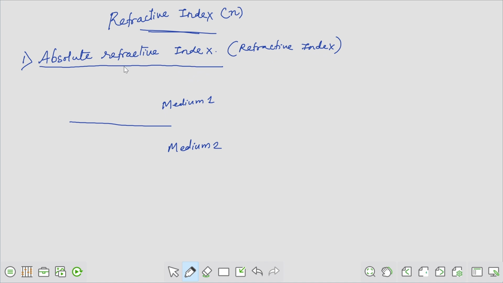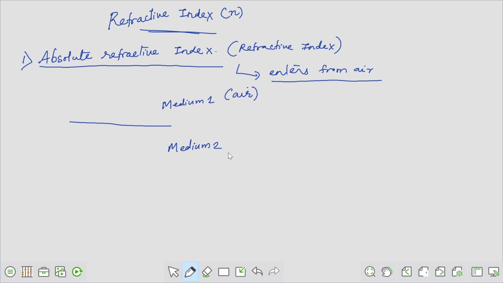In absolute refractive index, light always enters from air. I'm taking this medium as air because this is the entrance point of light.